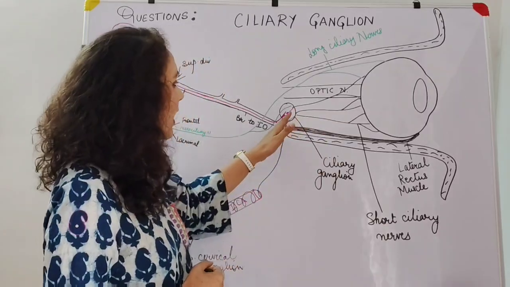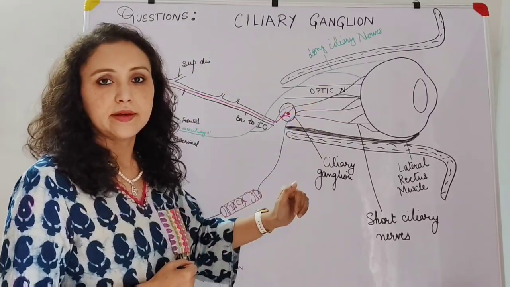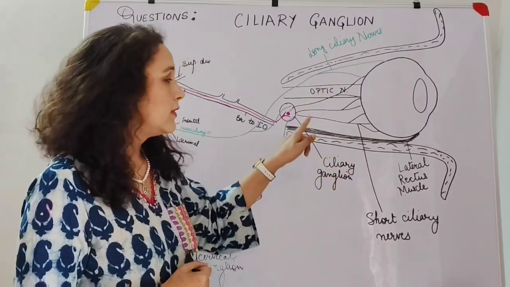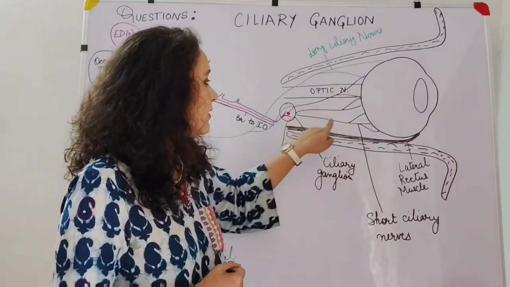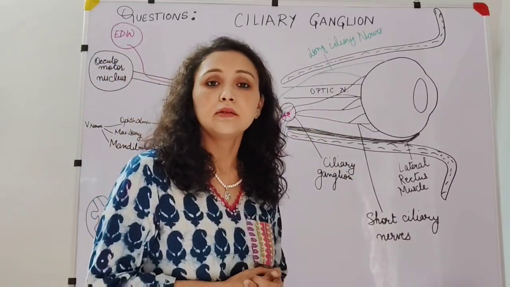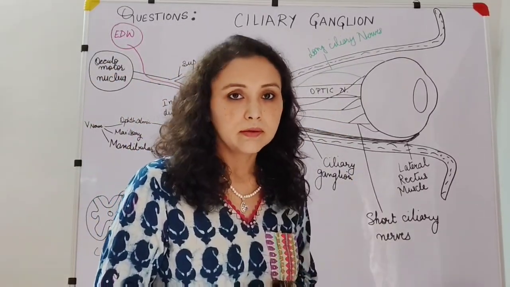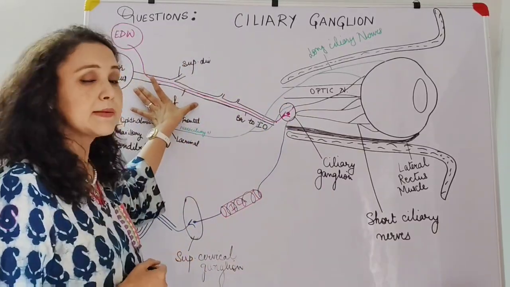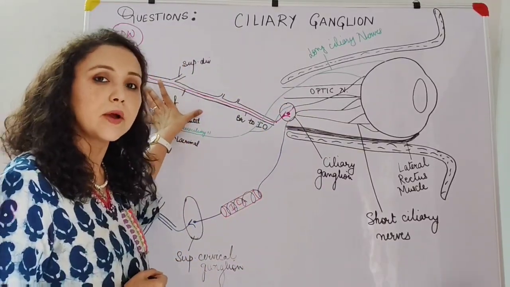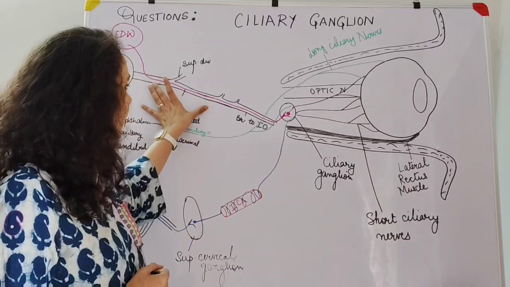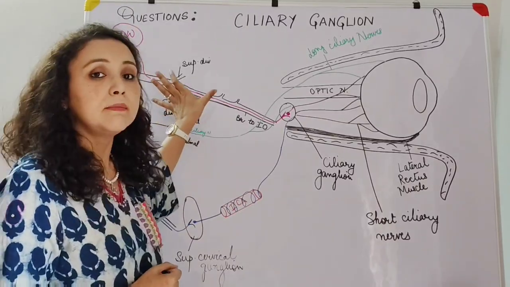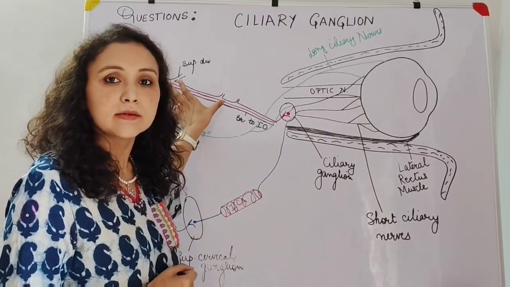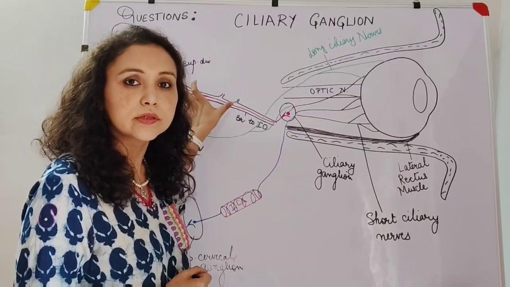Okay, then we have, what are the branches of ciliary nerves? Again, you know that there are short ciliary nerves, they are around 16 to 20 in number, right? Then, starting with the roots, if you are asked about parasympathetic root, what can the questions be? It can be, what is the parasympathetic nucleus for the parasympathetic root?